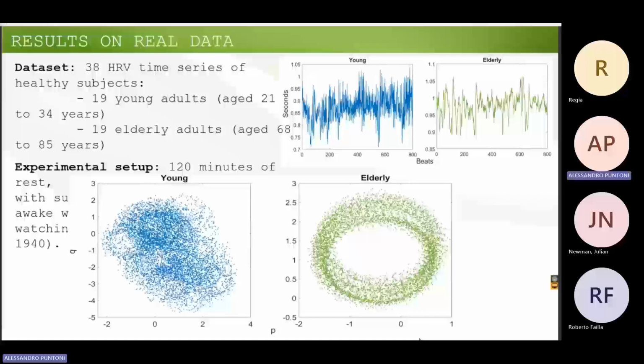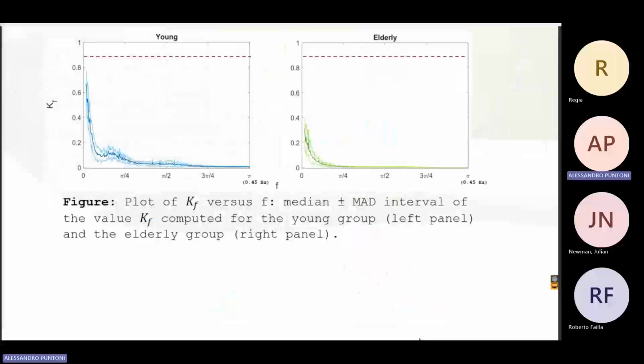I think that the similarity with the PQ phase space of a regular map is quite clear. And this impression is confirmed even by considering the profile of K_f for f in 0, pi. In blue, the results on the young time series, and in green, the results for the elderly time series.